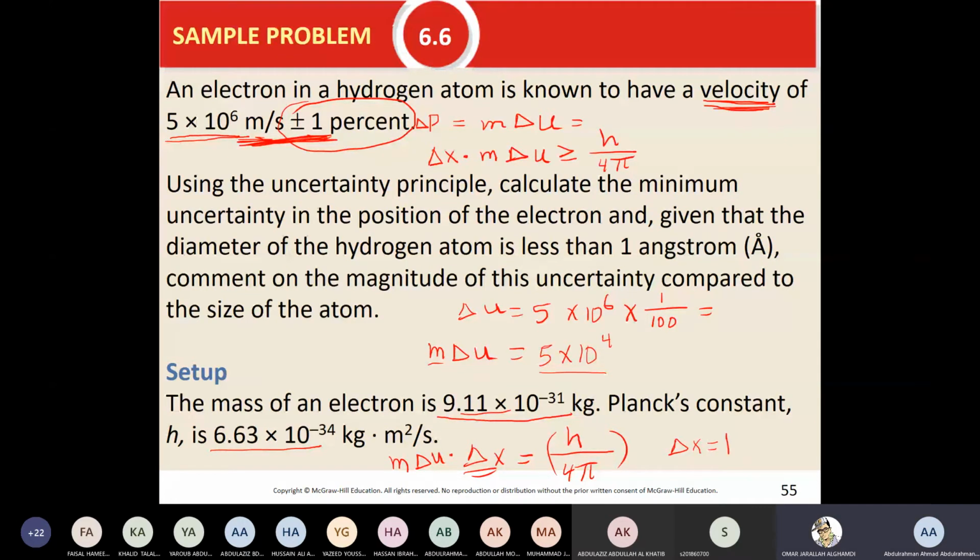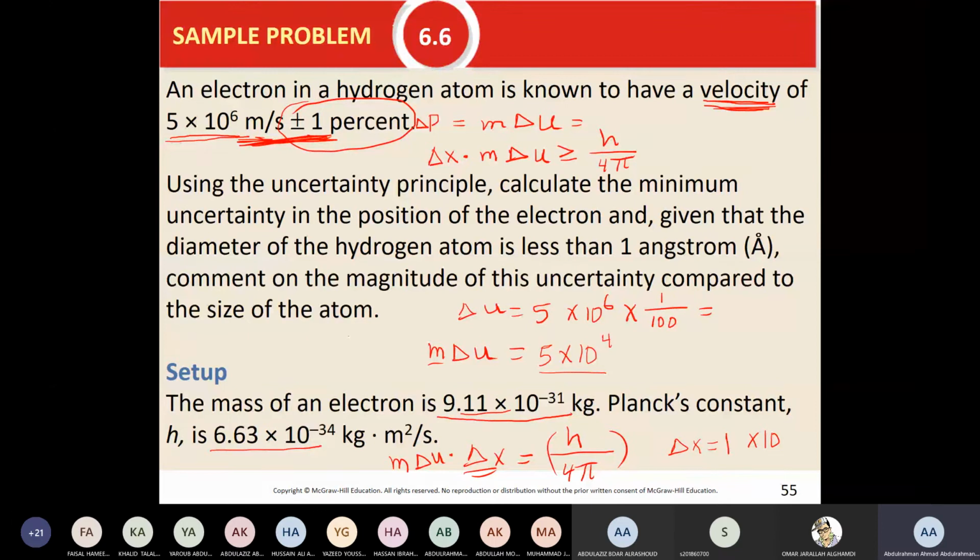1.05 times 10 to the power minus 39. I got the same answer, doctor. Minus 39? Yes. Delta X equal to, it's wrong.